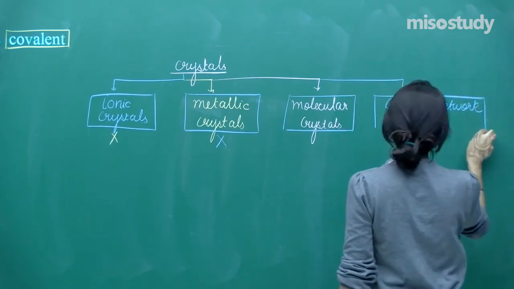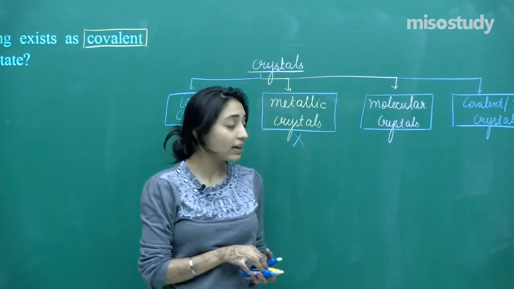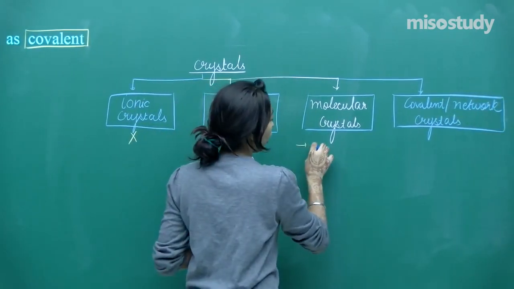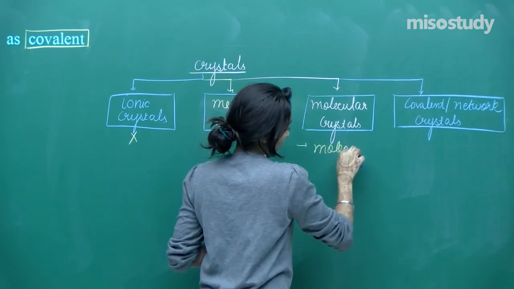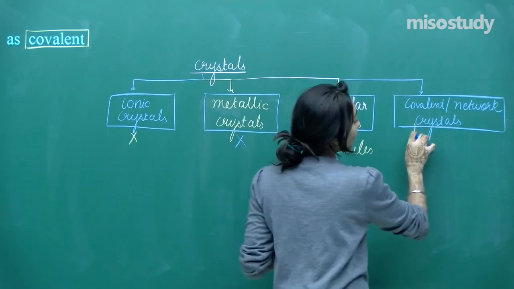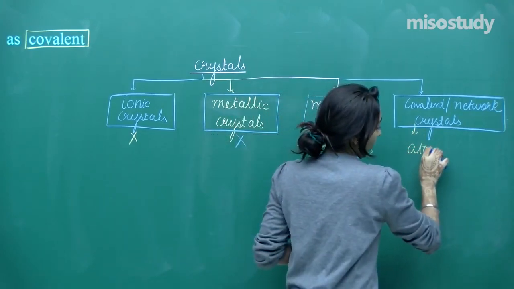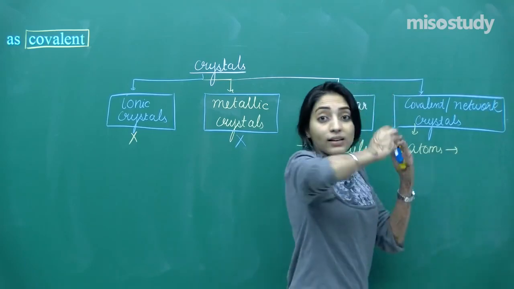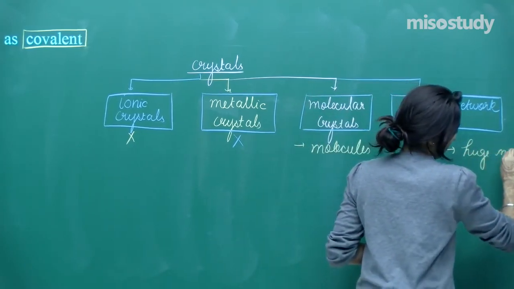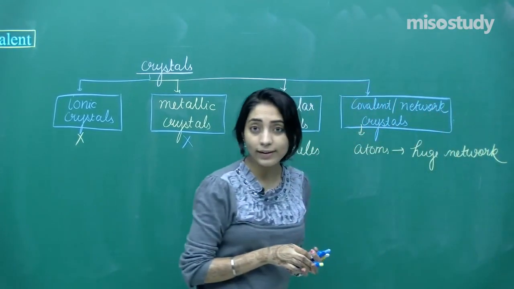So let us try to figure out which example suits these two classes. Molecular crystals were basically those made up of molecules, whereas covalent crystals were those made up of atoms, but then they had a huge network structure. Am I right?